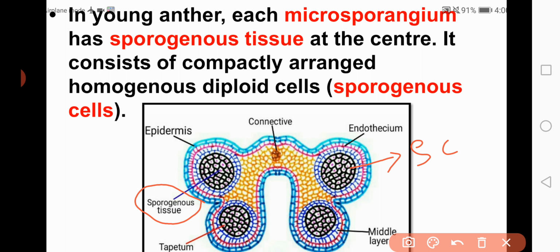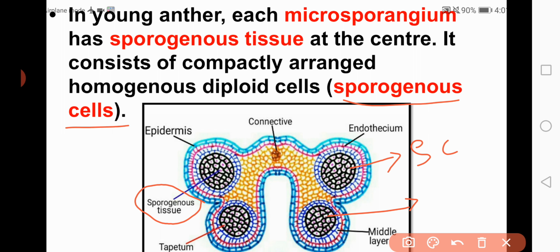Is that clear? Okay, once again I'll repeat. In a young anther, each microsporangium has sporogenous tissue at the center. All these are the sporogenous tissue. Is that clear? Now, this sporogenous tissue is composed of compactly arranged diploid cells, and each of these cells is called a sporogenous cell.